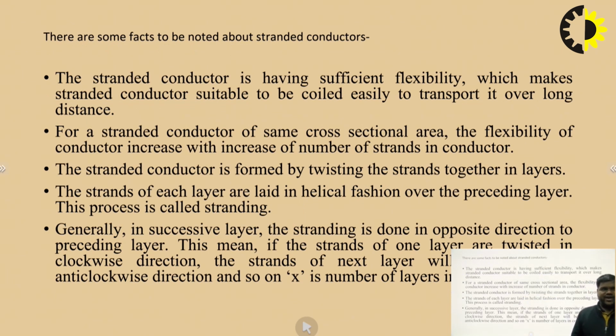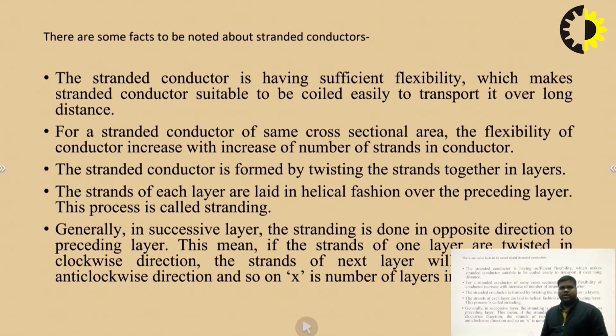There are some facts to be noted about stranded conductors. They have sufficient flexibility, which makes them suitable to be coiled easily and transported over long distances, over long transmission lines also. For a stranded conductor of the same cross-sectional area, the flexibility increases with the number of strands in the conductor. It's an important point.